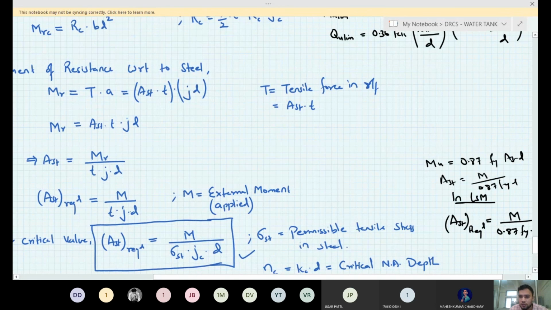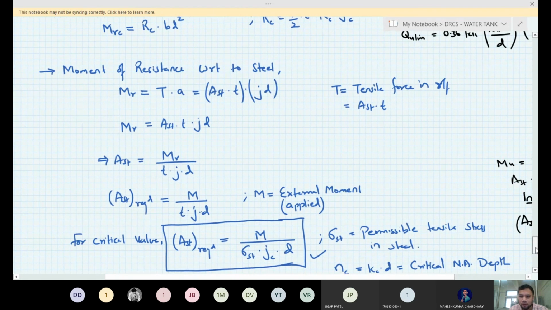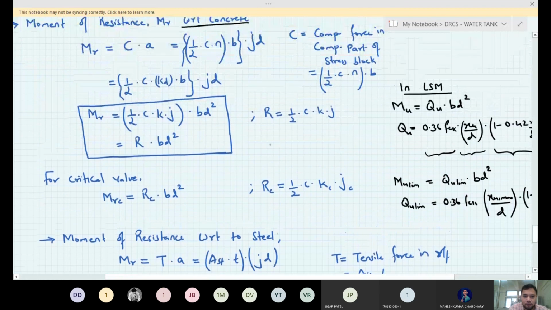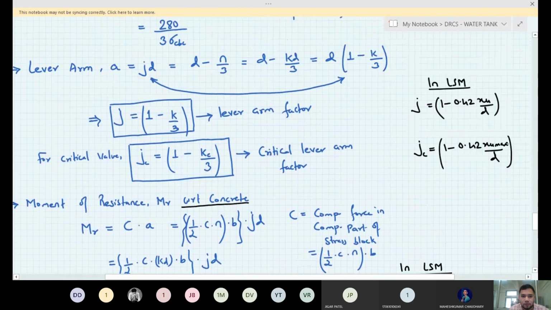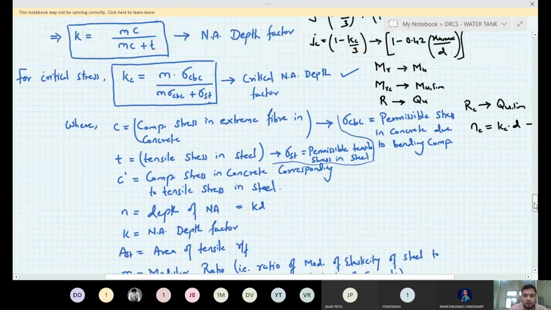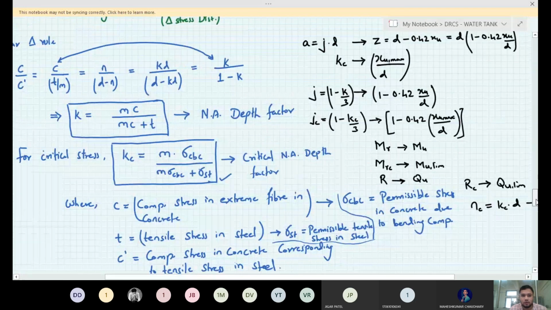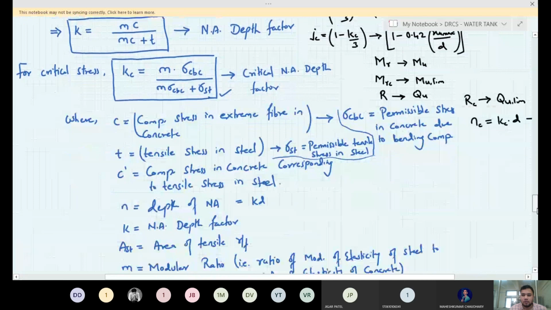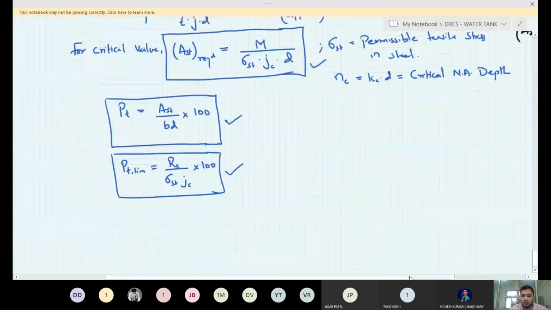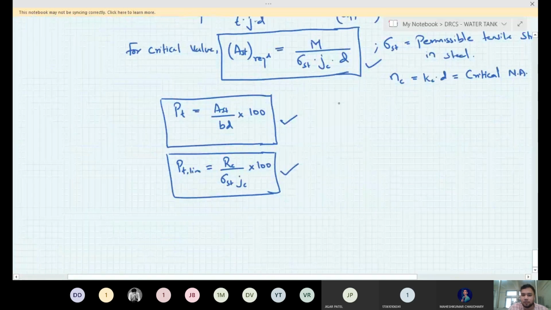I have also shown you the similar formula in the limit state philosophy. Then this formula you have to remember. So this is all about the working stress philosophy.